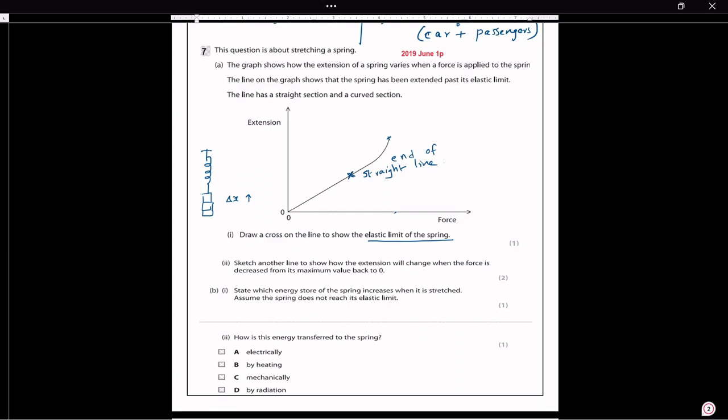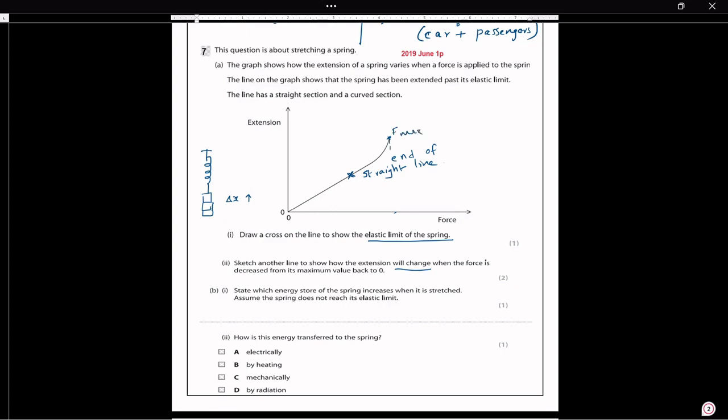So sketch another line to show the extension change. Extension has to decrease from its maximum value back to 0. This is the maximum value of force, F max. This position only F max is given.